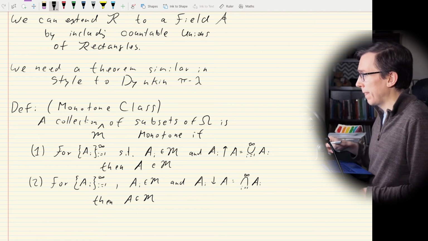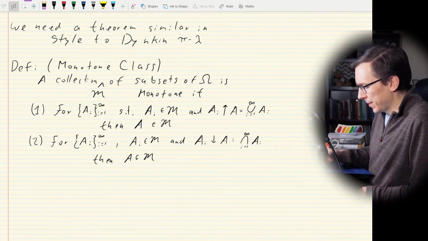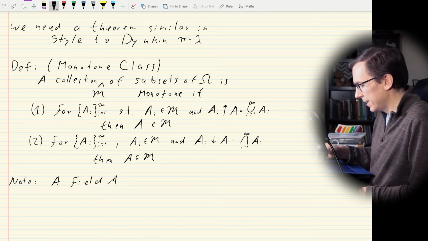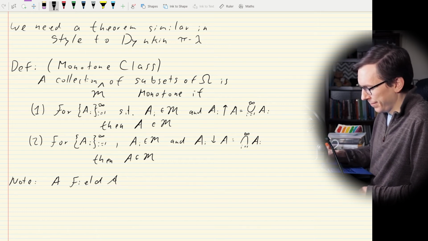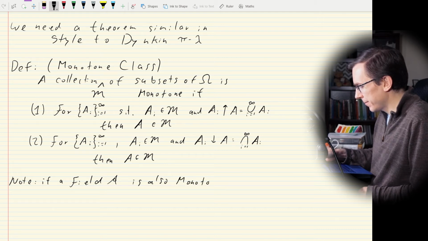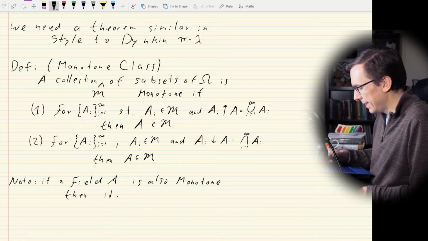And then we're going to note that if a field A is also monotone, then it is a sigma field.